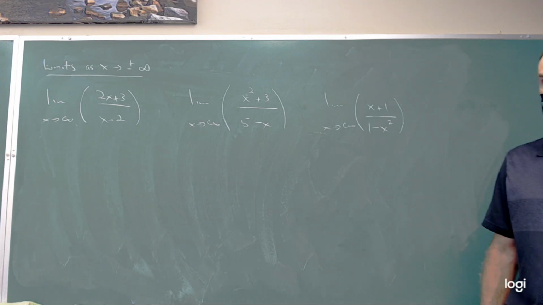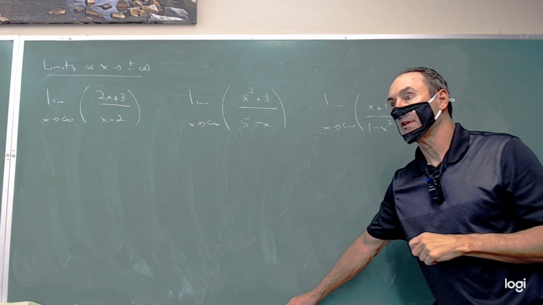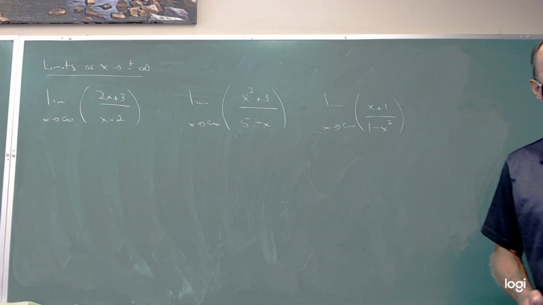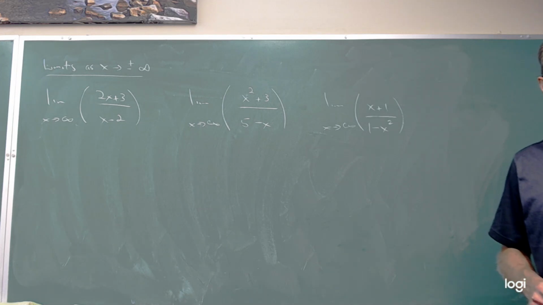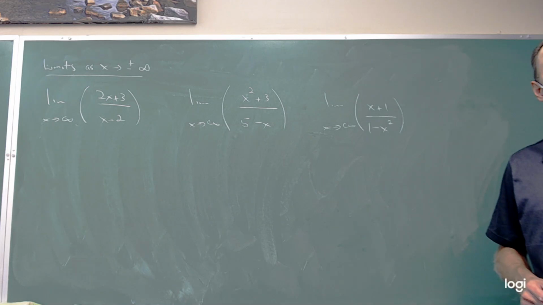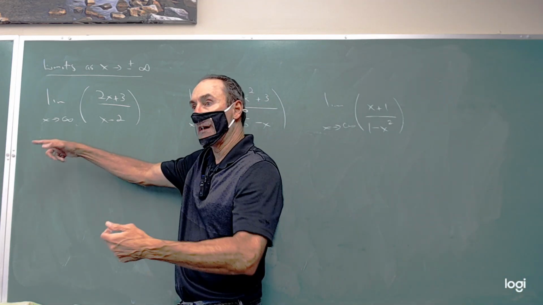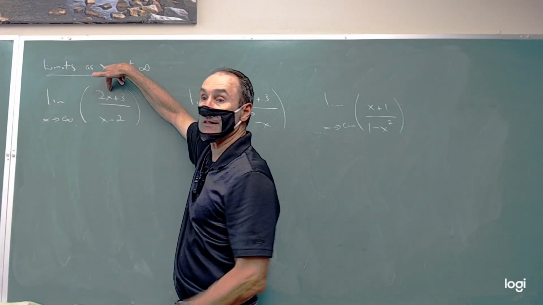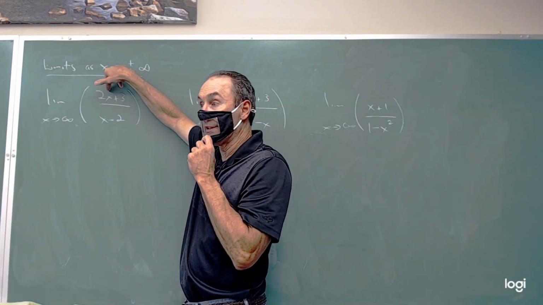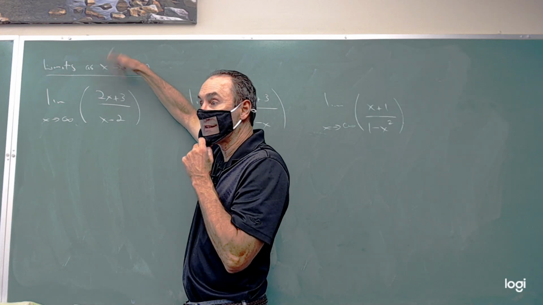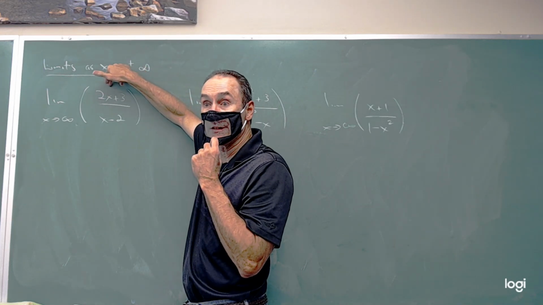Do you remember what our strategy is for this? Because we did this when we were looking for horizontal asymptotes, that is the context that this came up with. Plug in something really, really big, like mentally. So x is really, really big: 1,000, a million, a billion. 2 times a million is huge, and this little old plus 3, who even notices it?